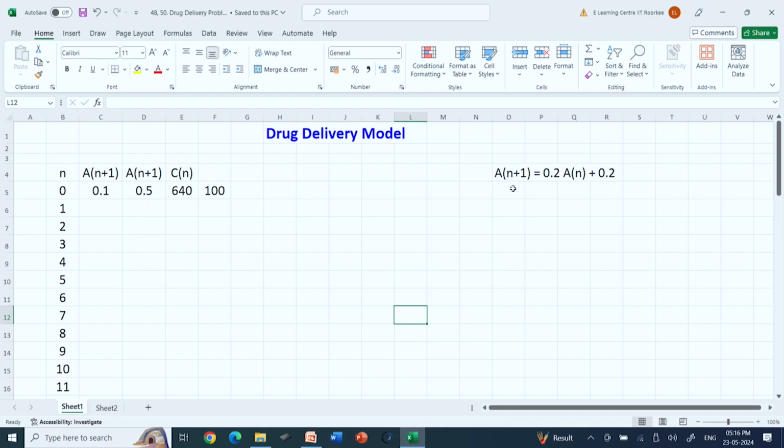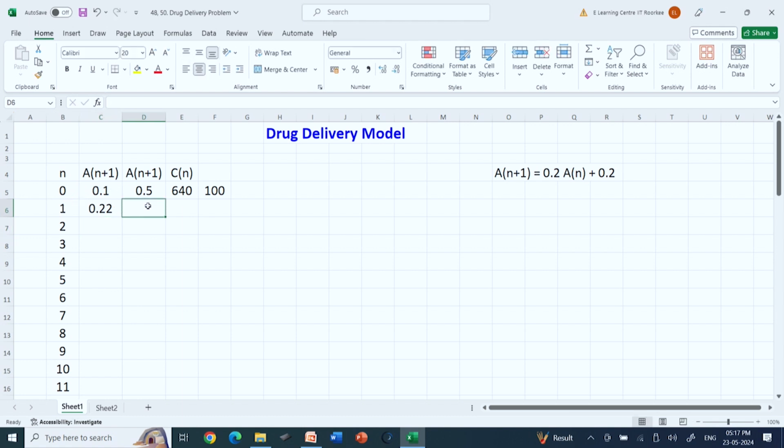So, as you can see, this is the model which has been discussed previously, that is a n plus 1 is 0.2 a n plus 0.2. I have taken two initial conditions, 0.1 and 0.5, just to see how it will look. So, this is equal to 0.2 multiplied by a n plus 0.2.